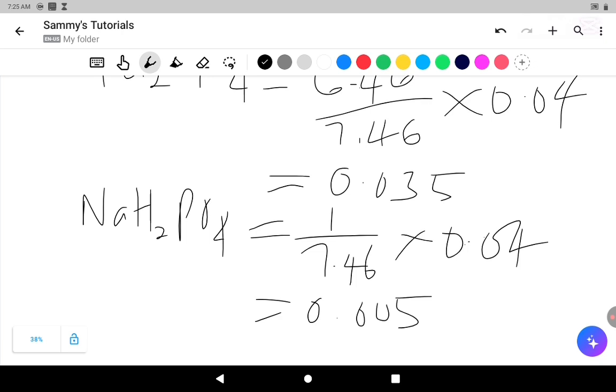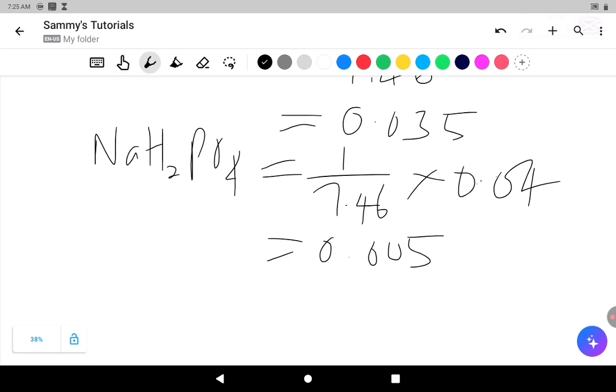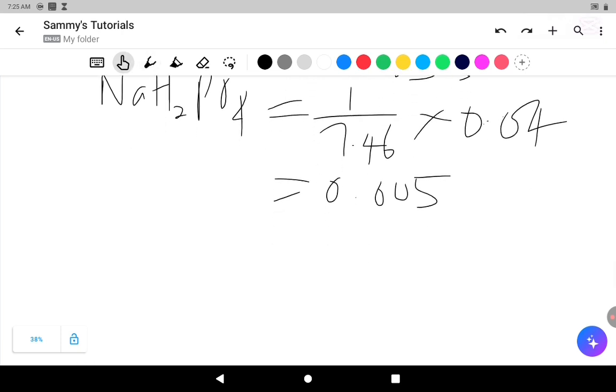Congratulations to all those that got it in their calculation. So if you add these two, 0.035 plus 0.005, it is equal to our overall concentration, 0.04 molar.